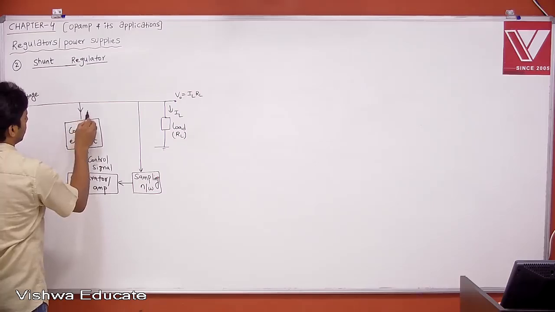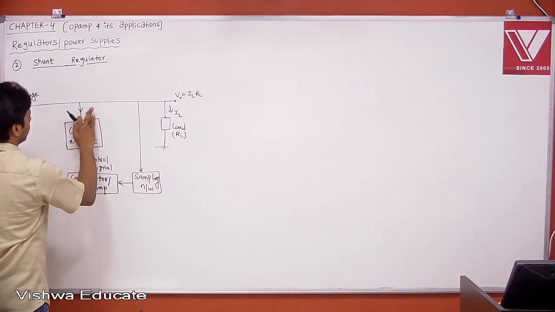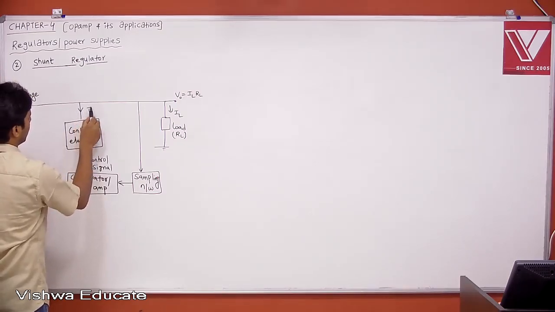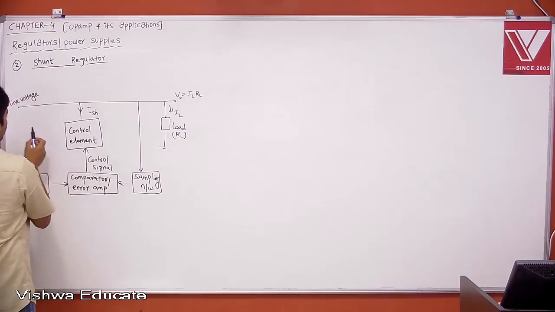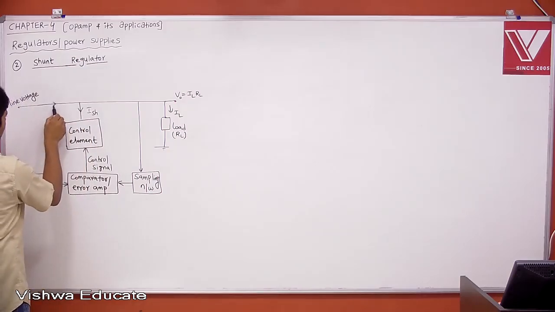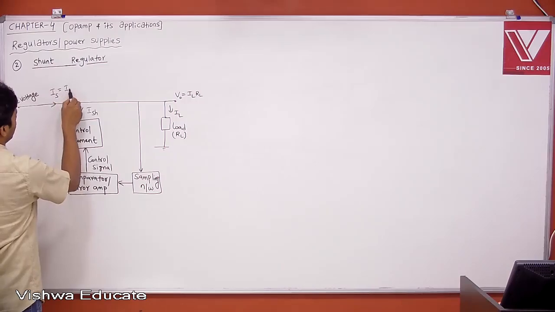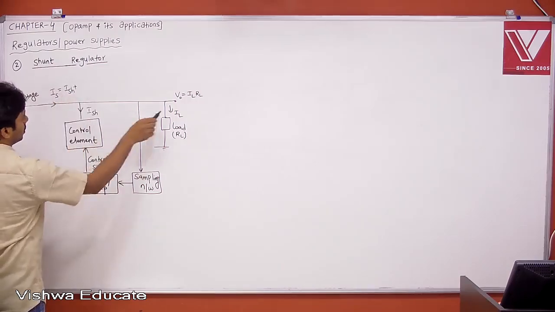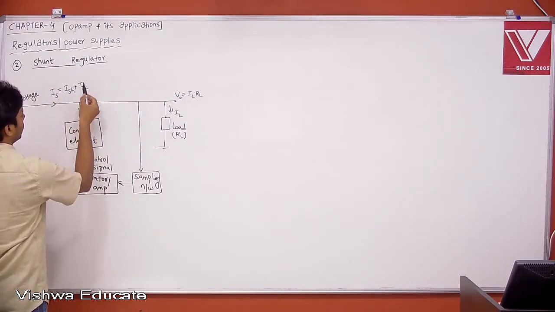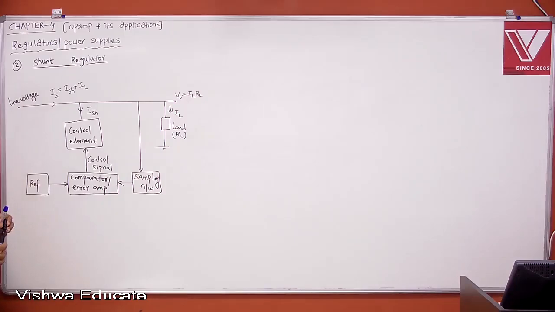Then it is going to take shunt current ISH, and it is going to give series current IS, source current, IS is equal to ISH plus IL, right? Now let's see how it is controlling your output voltage.